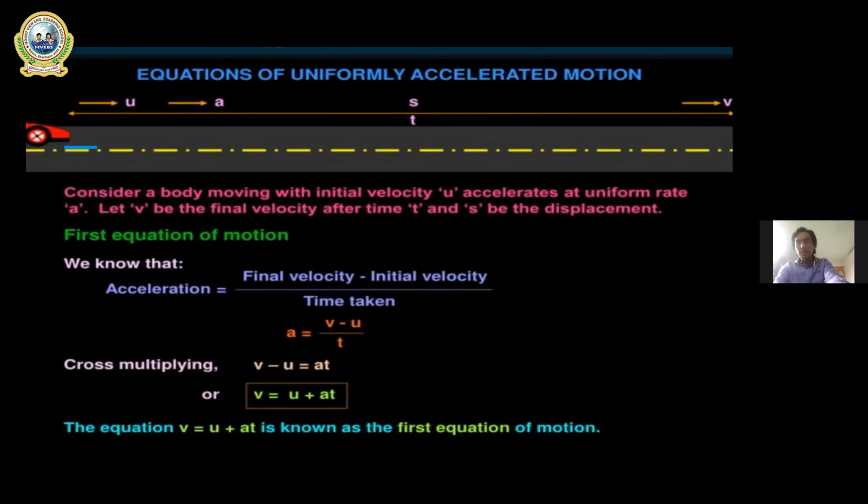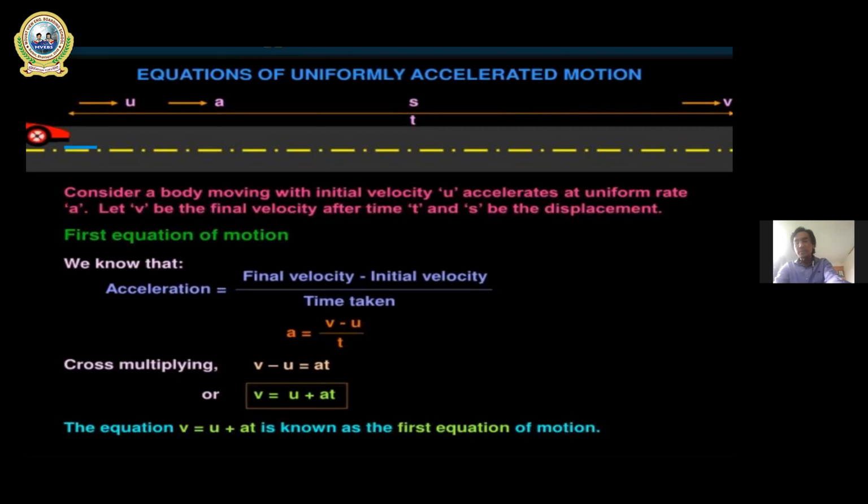Please go on writing it in your copy. Acceleration, denoted by small a, equals final velocity small v minus initial velocity small u, whole upon small t. Now cross multiply, a into t, and changing the sides, you find v minus u equals at, and at last v equals u plus at, and this is the first equation of motion.